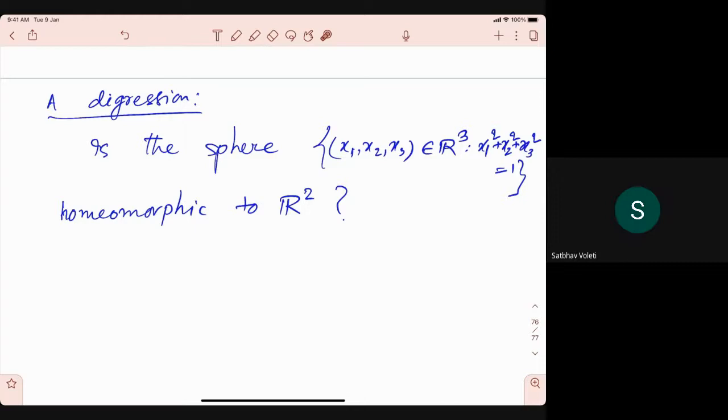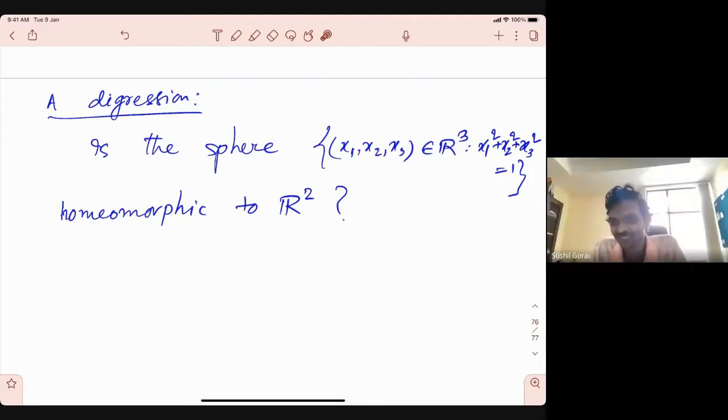There will be one point which has to go to infinity. If you are trying to project the circle onto R, one point has to go to plus infinity as well as minus infinity. That's not a projection. That's a different kind of thing.